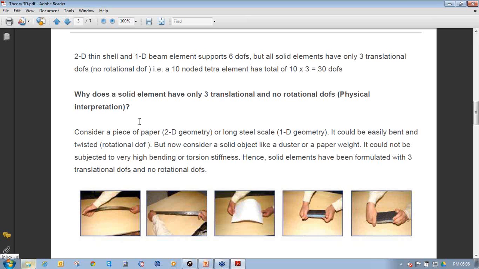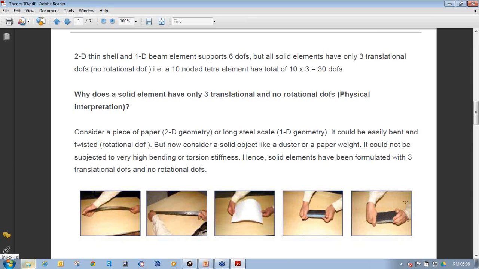As you can see in the images, we can easily twist and bend a steel scale or a paper. But now consider an object like a duster or a paperweight. It cannot be subjected to very high bending or torsional deformation because of its stiffness. Hence, solid elements have been formulated in HyperWorks with 3 translational degrees of freedom and no rotational degrees of freedom.